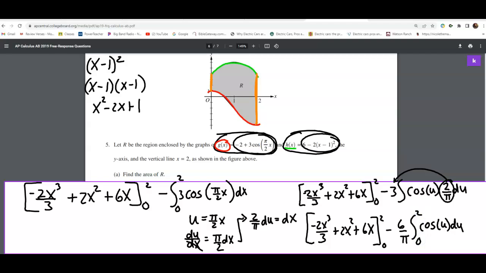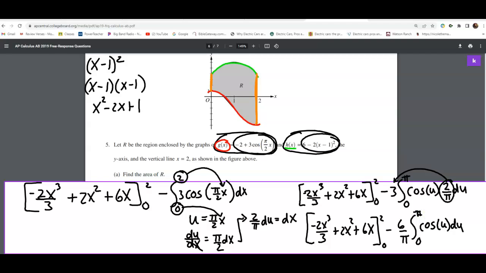We do need to change our limits as well. I just realized that. When you do u substitution, you got to change these values by plugging them in. So if you plug 0 in, 0 times pi over 2 is just going to be 0. And if you plug in 2, the 2's cancel and you're just left with pi. So I need to change this to pi now.